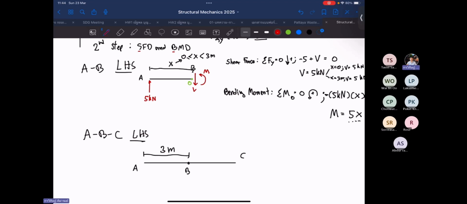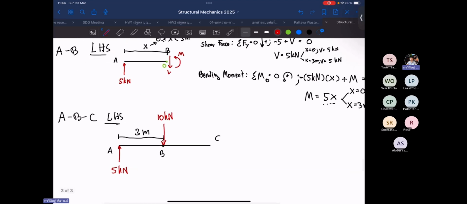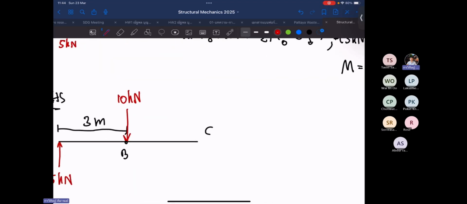At point A, there is support reaction 5 kilonewton. At point B, we have point load 10 kilonewton. At point C, we nearly reach point C but not exactly, so there will be no support reaction, just reaction force.